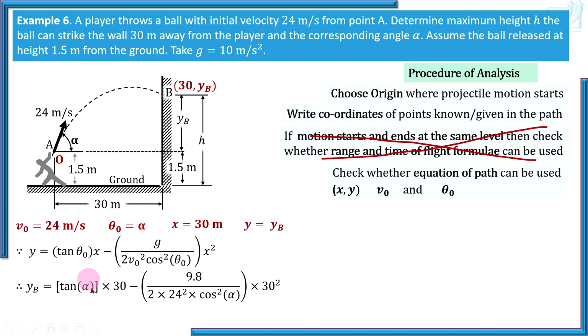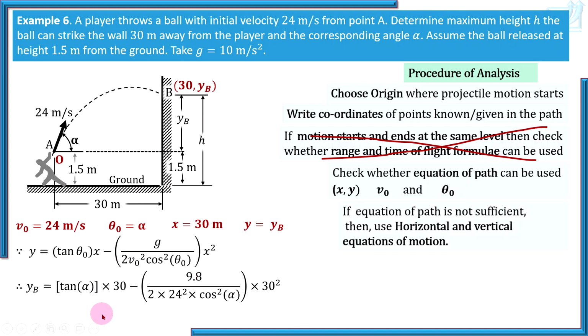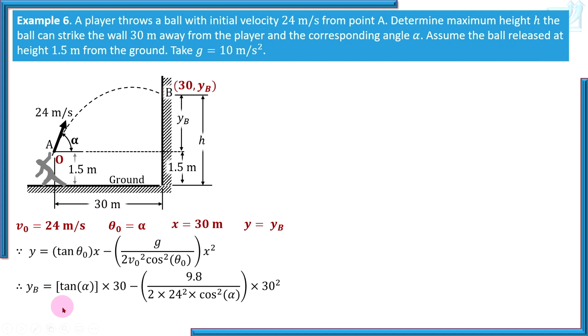I substituted it. Now check, there are two unknowns here. So how to proceed? Listen: determine the maximum height h.